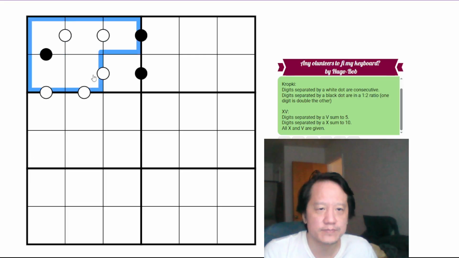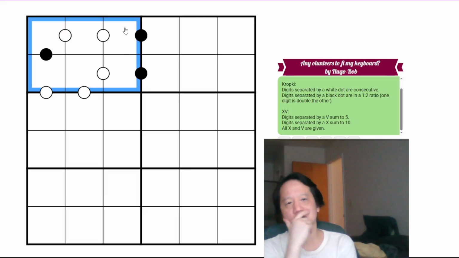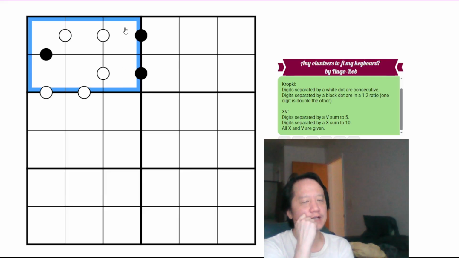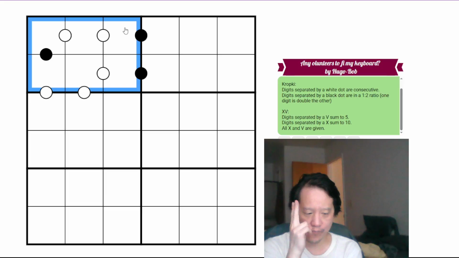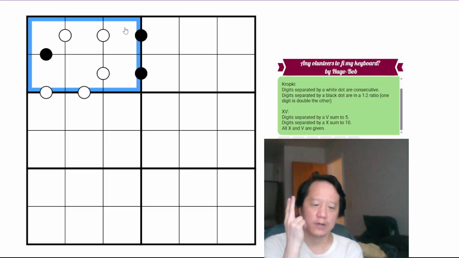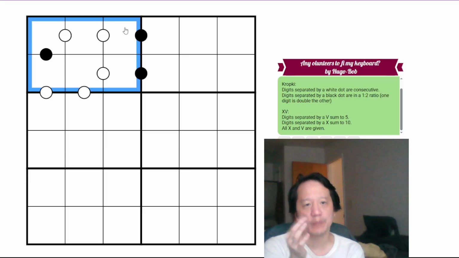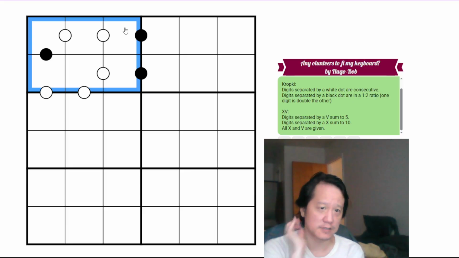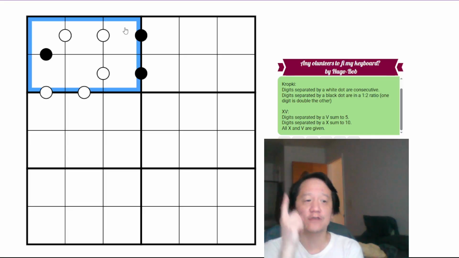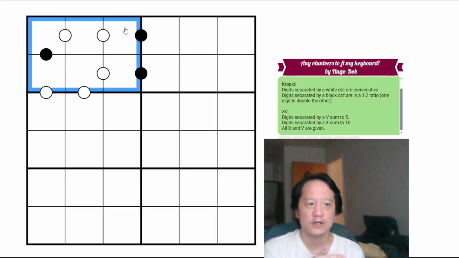Okay. The digits that can be in a 1:2 ratio, which means they can be next to a black Kropki dot in this puzzle, have to be 1, 2, 3, 4, and 6. 5 can never be next to a black Kropki dot, because if you have 5, you get 2.5.